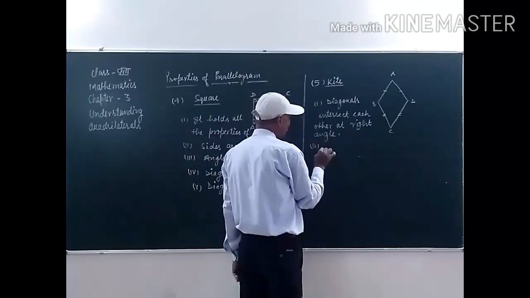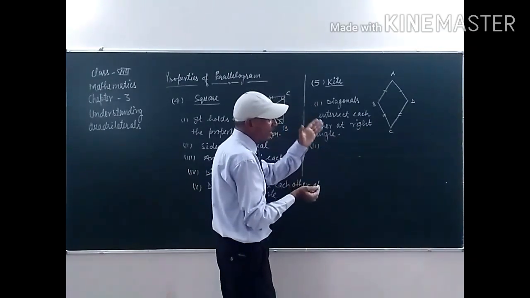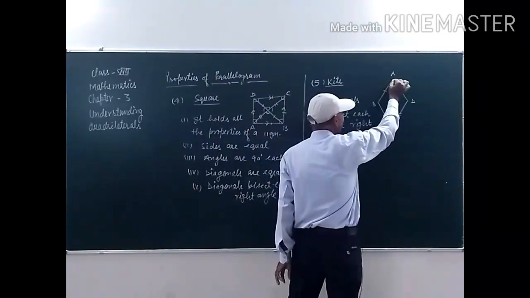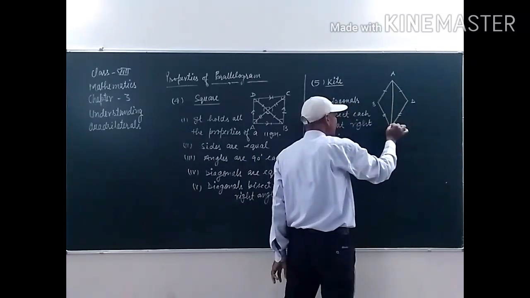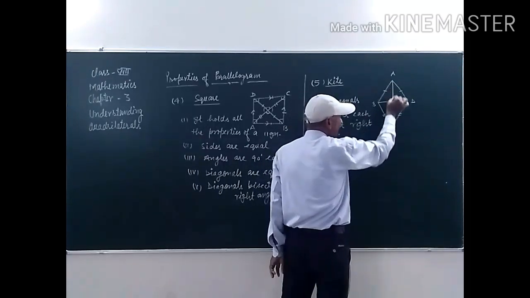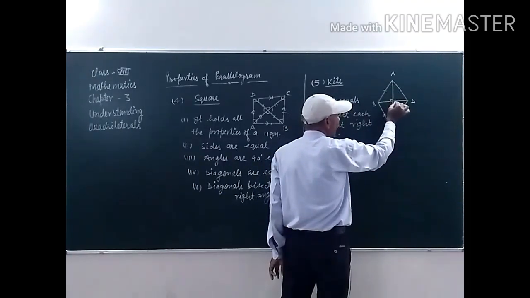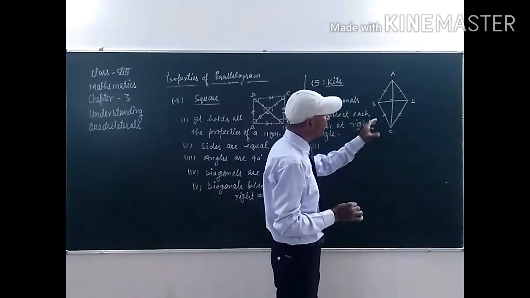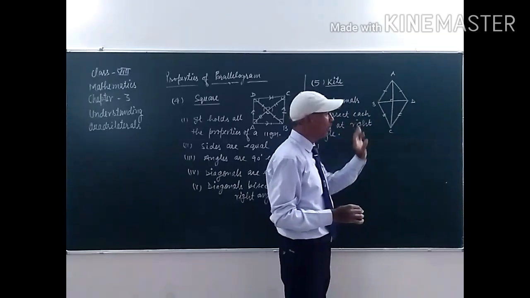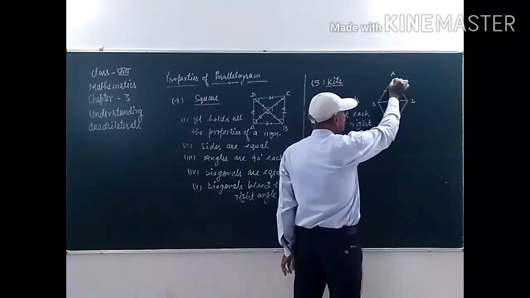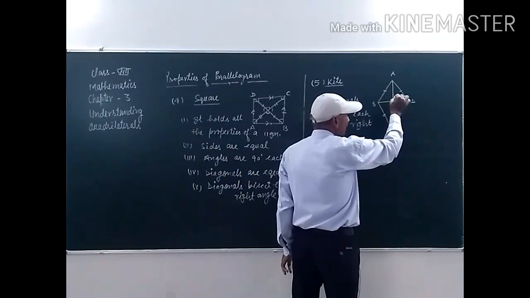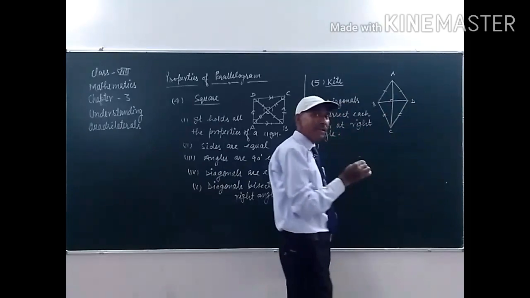And second property, one of the diagonals bisects the other. It means, student, first property: diagonal AC and diagonal BD intersect each other at 90 degree. Intersect means the sides will not be in the same ratio. So where these two lines intersect, they make an angle of 90 degree.